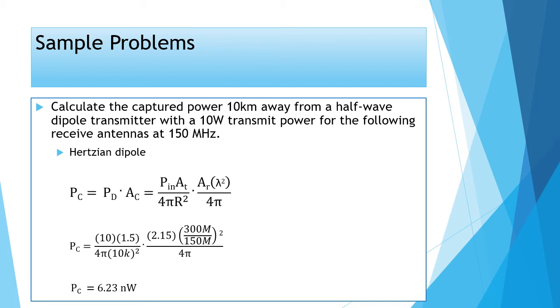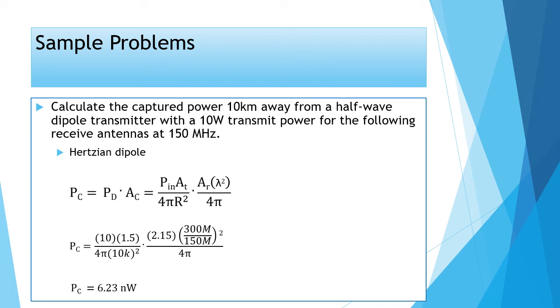So we have 10, the input power, times 1.5. This is the gain of the Hertzian dipole. You can actually see the gain of common antennas in the previous lecture. So divided by 4 pi times 10 kilometers squared times the gain of the dipole, which is 2.15, times, let's solve for the wavelength, which is equal to the speed of light divided by the frequency.